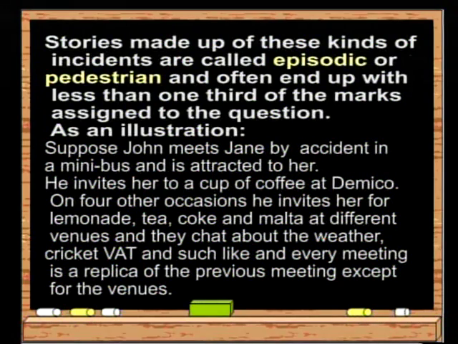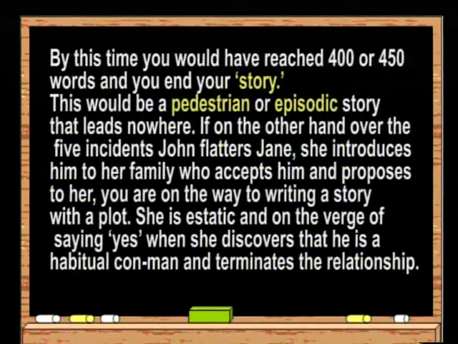And every meeting is a replica of the previous meeting, except for the venues. By this time, you would have reached 400 or 450 words, and you end your story. This would be a pedestrian or episodic story that leads nowhere.